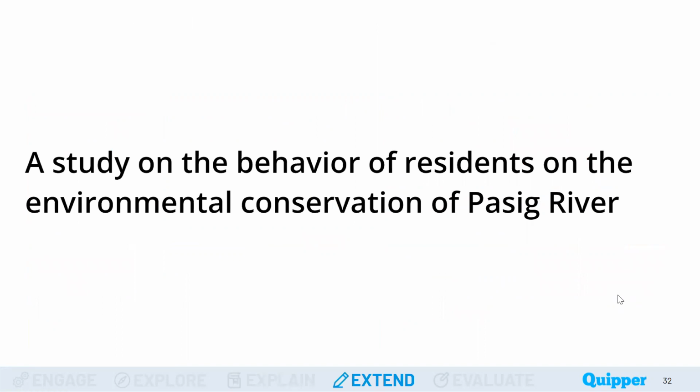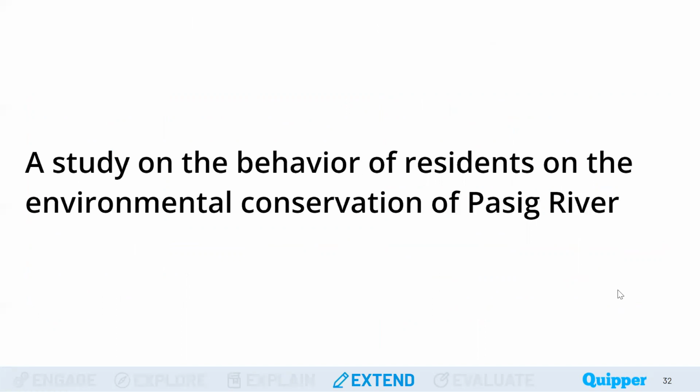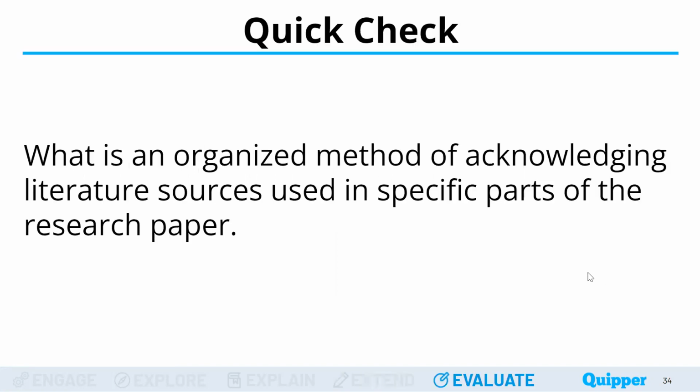Okay, so a study on the behavior of residents on the environmental conservation of Pasig River. Okay, so ito yung mga sample ng quantitative research title. A study on the behavior of residents on the environmental conservation of Pasig River, a study on the response of human cells to change in circadian rhythms.